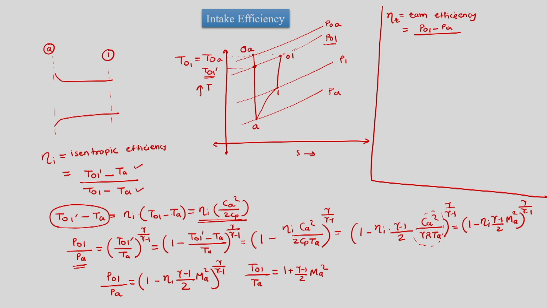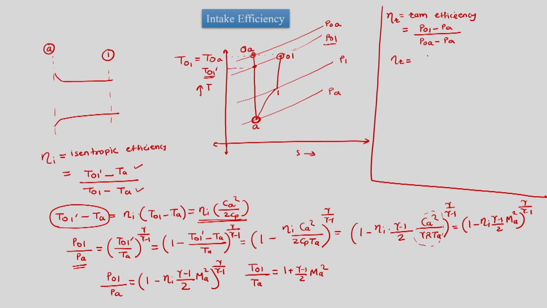We would have gone from Pa to P naught 1, which is the maximum pressure rise in the actual case, and ideally we would have reached from Pa to P naught A. So this is the definition of RAM efficiency.